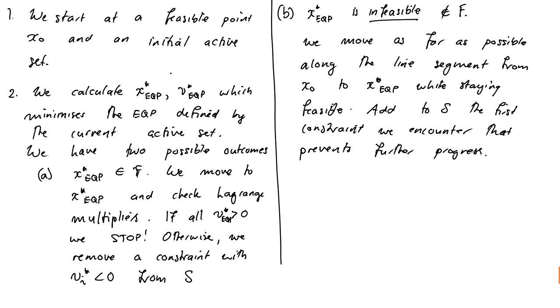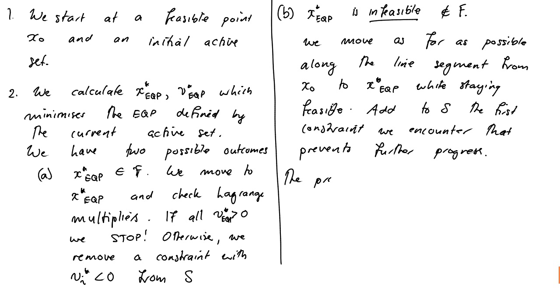If all the Lagrange multipliers are positive, we can stop. Otherwise, we take out a constraint. If our x star is infeasible, then we move towards that optimum until we hit a constraint, and we add that to our active set. Once we've done either A or B, we've finished our iteration, and we go back and do it again until we're finished.